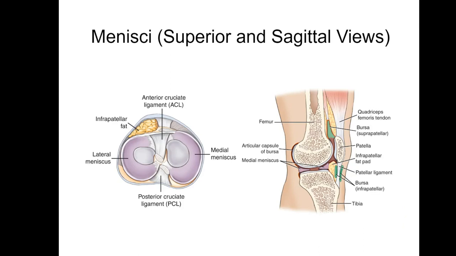The patellar ligament is part of the tendon of insertion of that large quad muscle that we've been talking about, and that extends over the patella to the tibial tuberosity of the tibia.